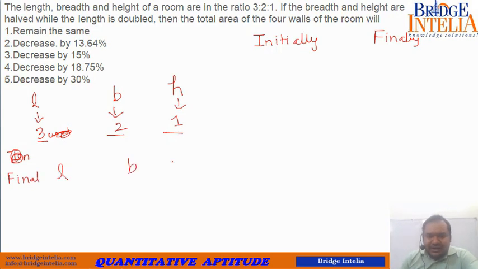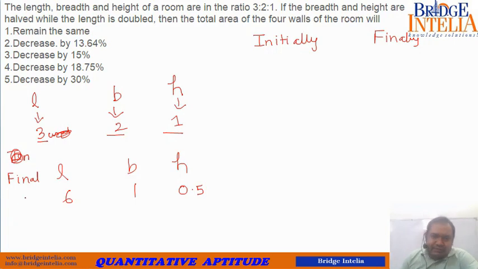If the breadth and height are halved, breadth 2 becomes 1, height 1 becomes 0.5, whereas length is doubled, so length 3 is doubled to make it 6.